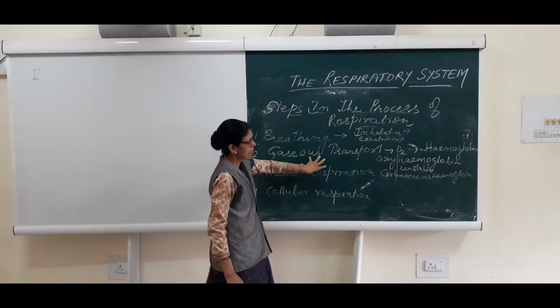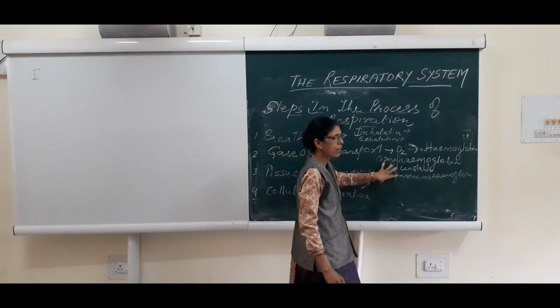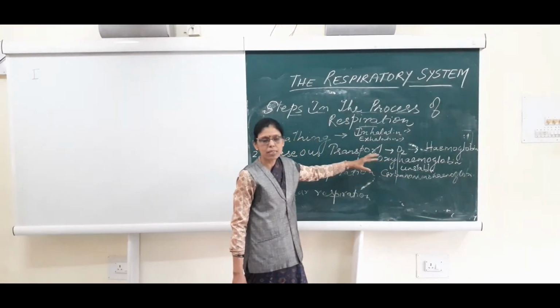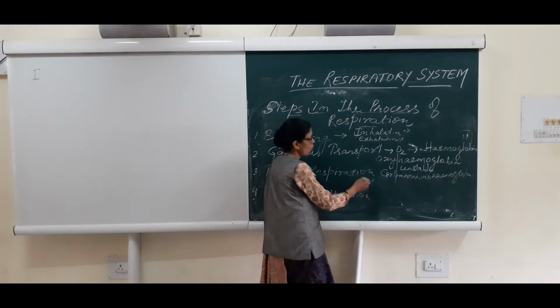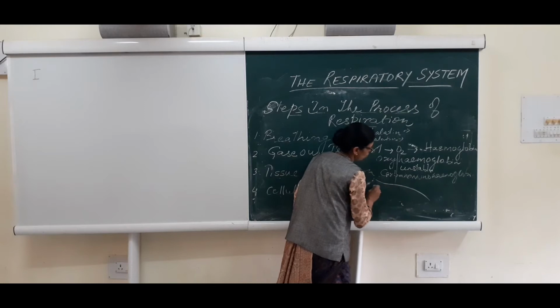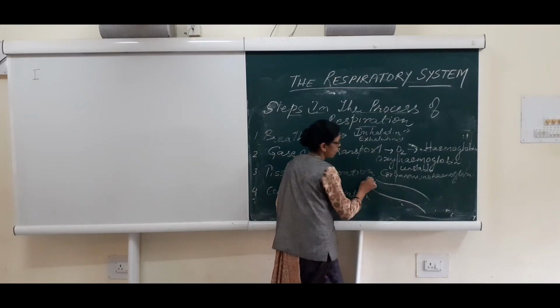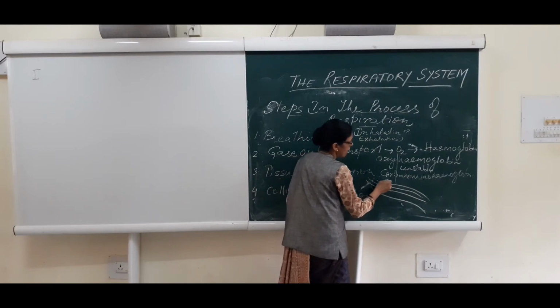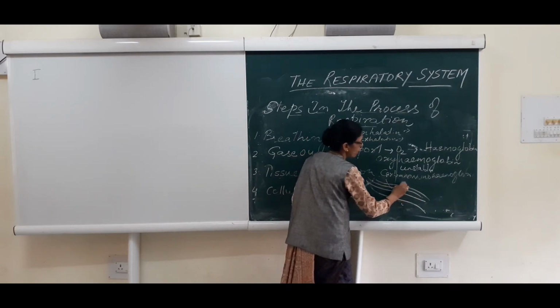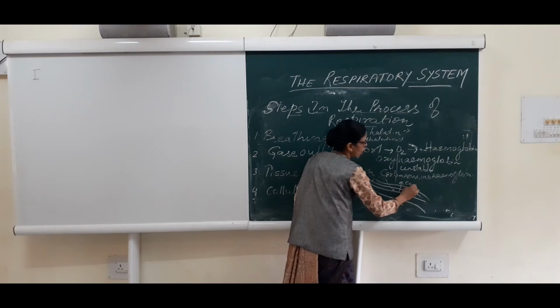Next is tissue respiration. When these gases are in our blood, they reach specific cells and specific tissues, right? Suppose this is a tissue, this tissue is supplied with blood vessels, oxygen enters here and CO2 is given out.